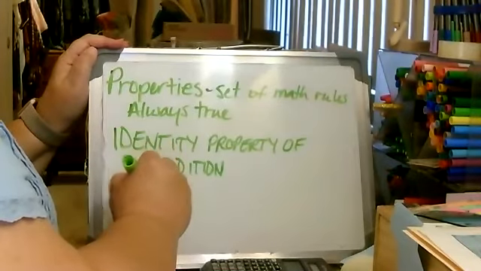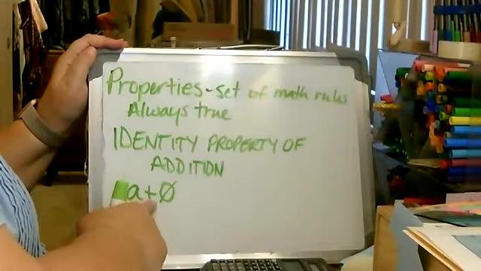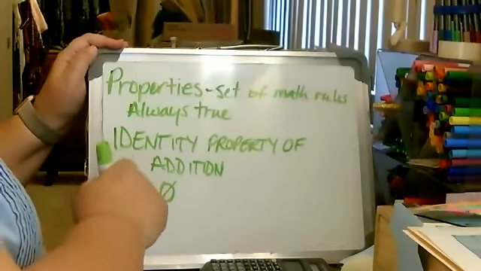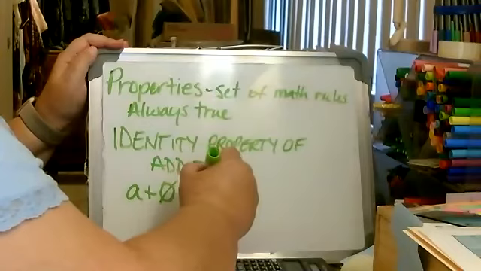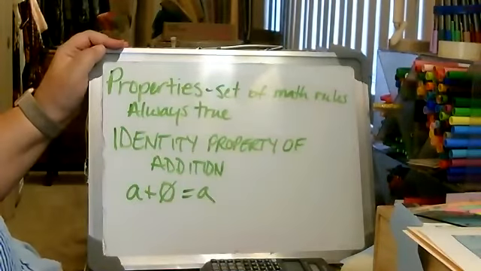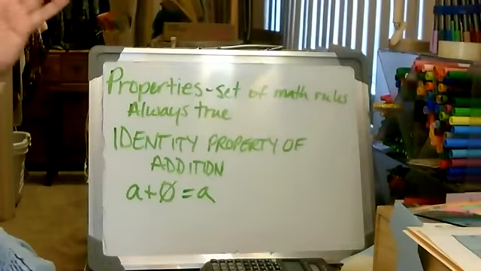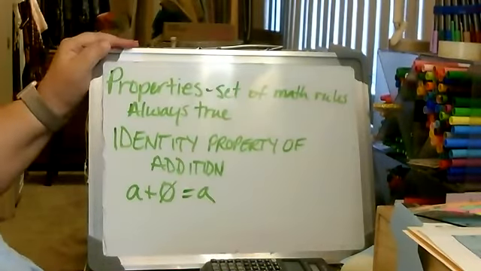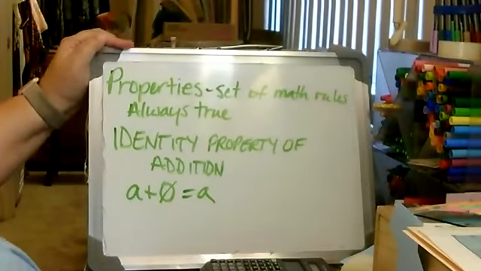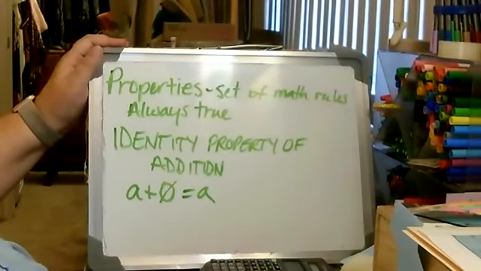A plus 0, written so you know it's a 0, not an O, equals A. It says that if you add 0 to any number, that number stays the same. Seems like you shouldn't have to state that, but you do. It's true. So that value plus 0 is always going to be the same value.